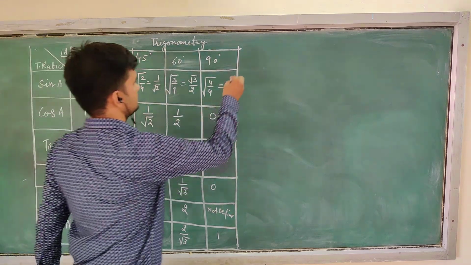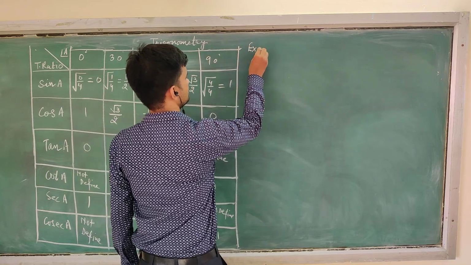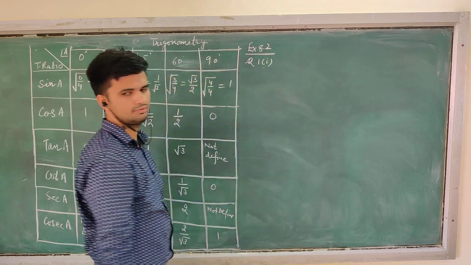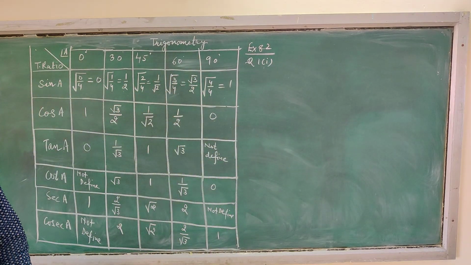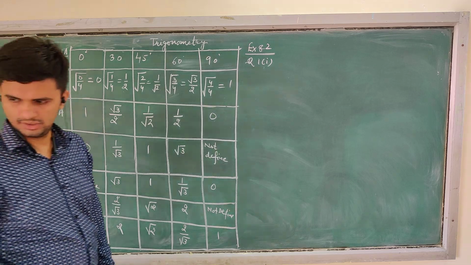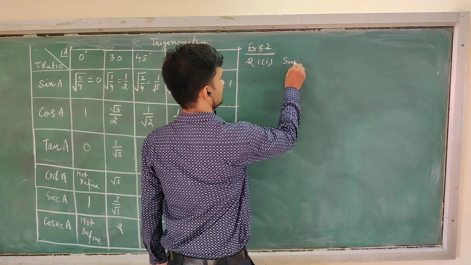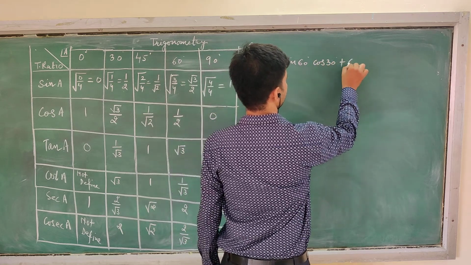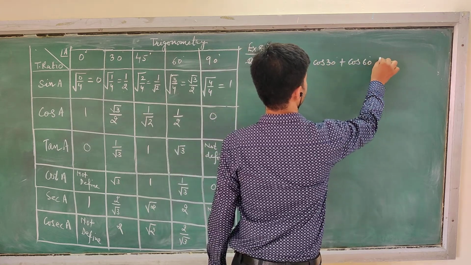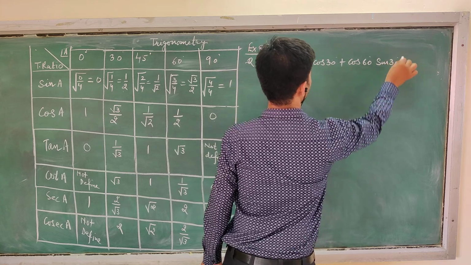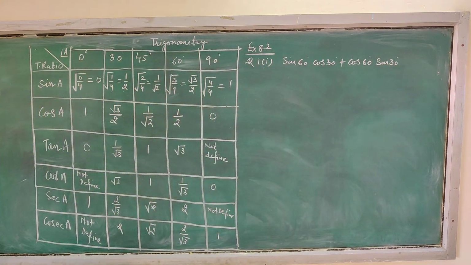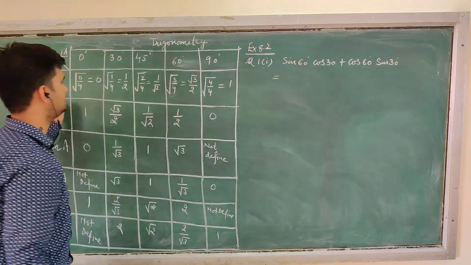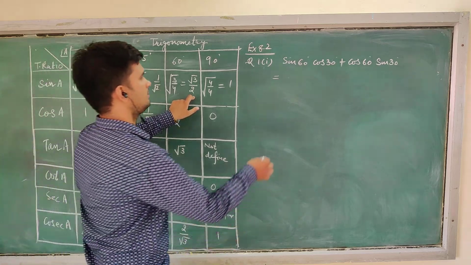Now come to your exercise 8.2. Question number 1, first part. Sin 60 cos 30 plus cos 60 sin 30. Now see here, value of sin 60, it is root 3 by 2.